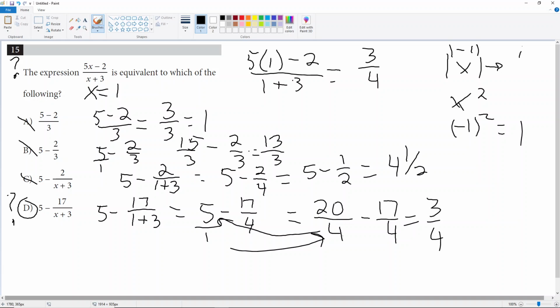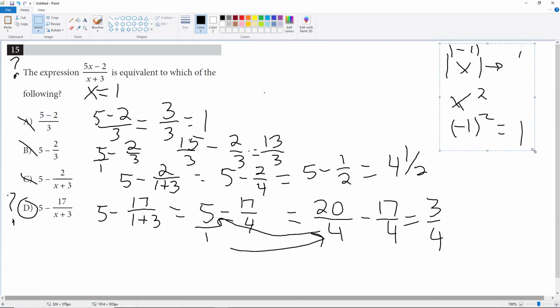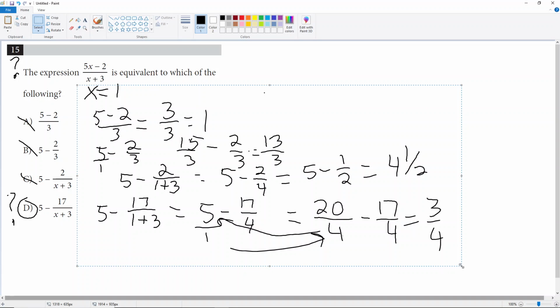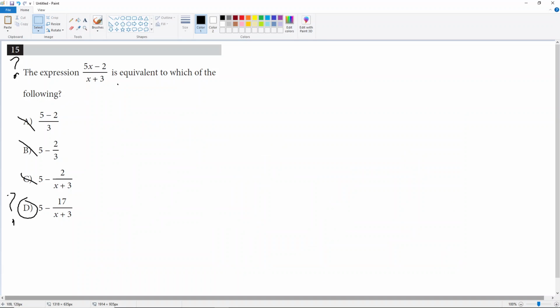The first number we picked, x equal 1, a very simple number, came out with the right answer. Let's try something else here, because you say, well, what if I picked a different number? I don't believe that this is that easy. Okay, let's pick a different number. And let's try a number here that a lot of people would not pick, because they say, well, you can't divide by 0.